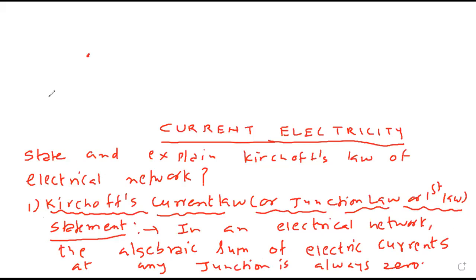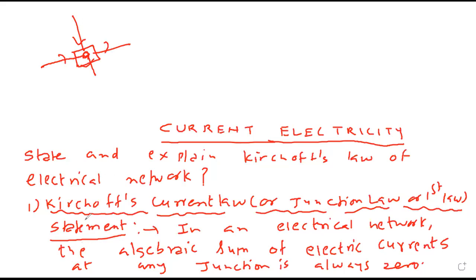Junction means meeting point. We have many wires connected to it. Current will not stop; it will come and leave by some path because it is a flow of charge. If charge cannot be accumulated at any junction, current cannot be accumulated. It is a flowing process and keeps on moving. So in an electrical network, the algebraic sum of electric currents at any junction is always zero.